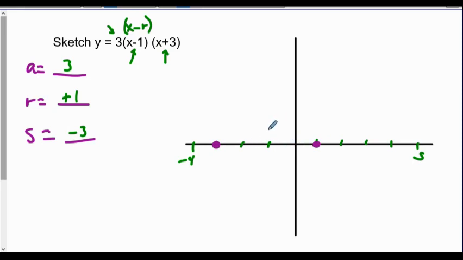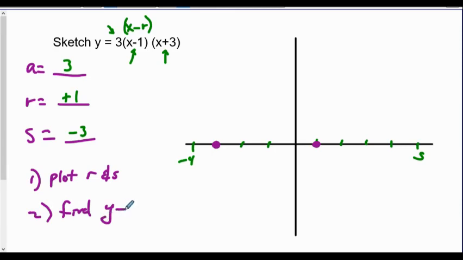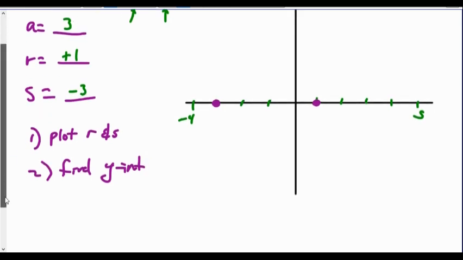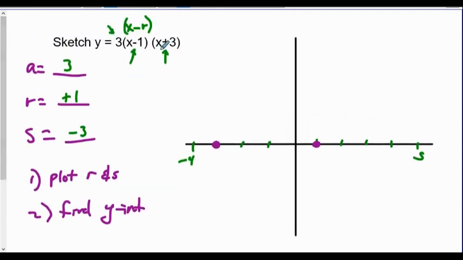We want to have at least one more. The next one is the easiest one to get. So the first thing we did, I was going to write that down, is plot r and s. The second thing is find your y-intercept. The easy answer is you just multiply a, r, and s.